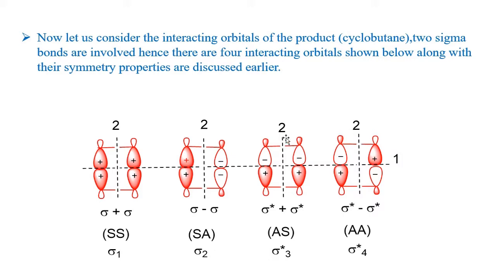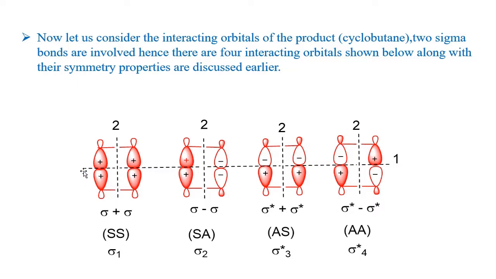As in the case of ethylene molecular orbitals, here we can represent the first letter in the bracket as indicating the horizontal plane of symmetry, whether it is symmetric or anti-symmetric, and the second letter in the bracket usually represents the vertical plane of symmetry, whether it is symmetric or anti-symmetric.